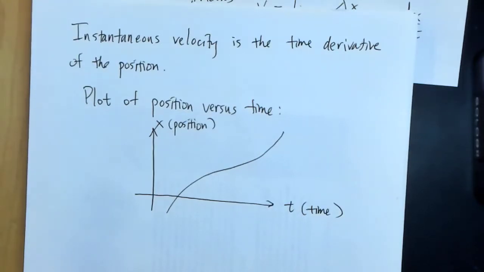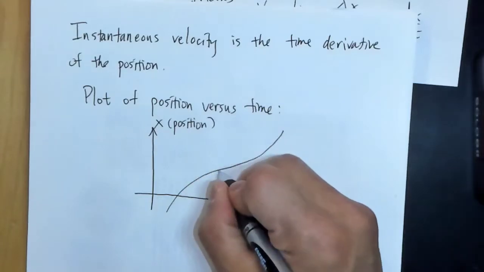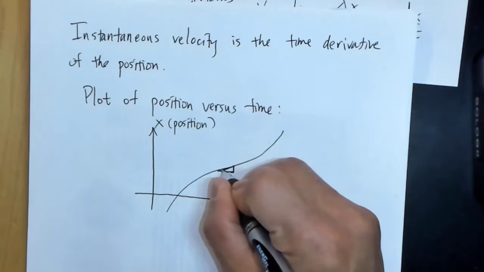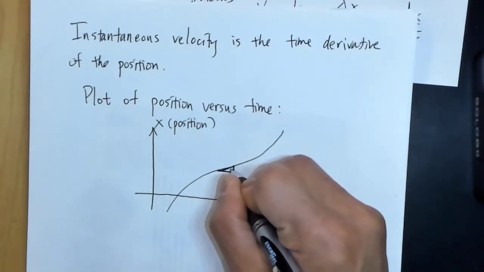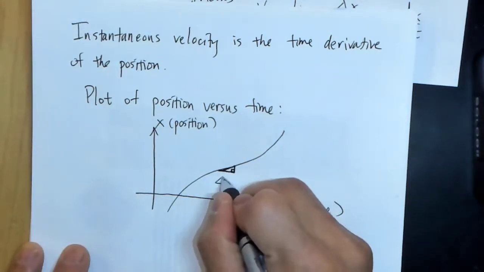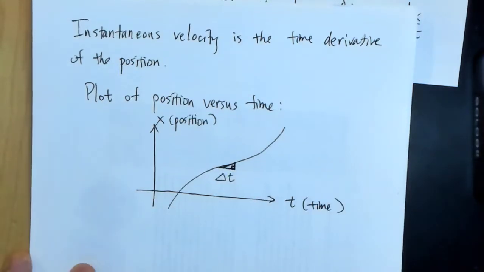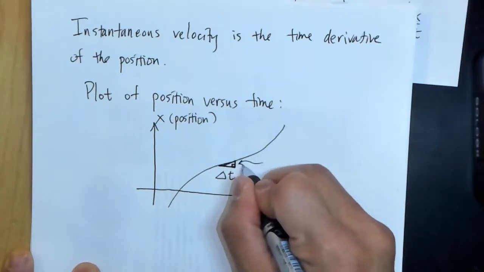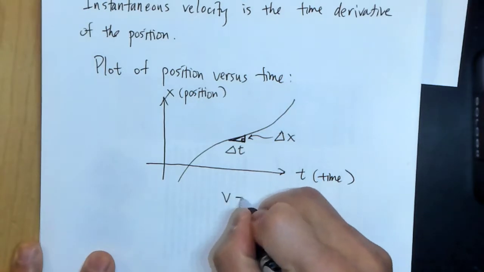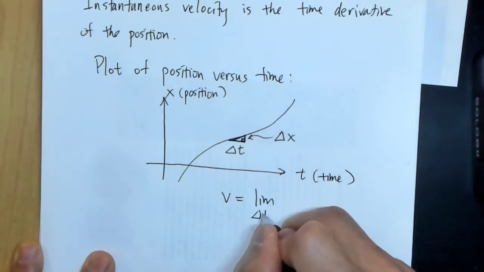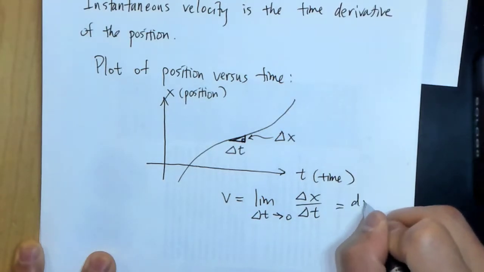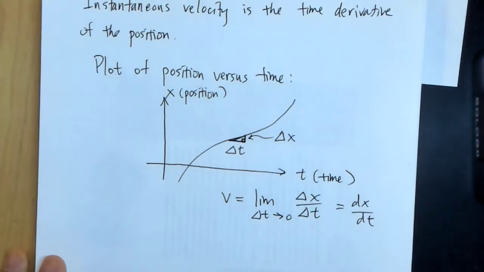All right, now let's pick a little time interval. I'm going to make it kind of small, but not too small so you can't see anything. Let's say we make a little triangle here, okay? And so this will be delta t, the time interval, and this little thing here will be the delta x, which is kind of hard to see. And so the instantaneous velocity is the limit as delta t goes to 0 of delta x over delta t, or what we call dx dt, the time derivative.